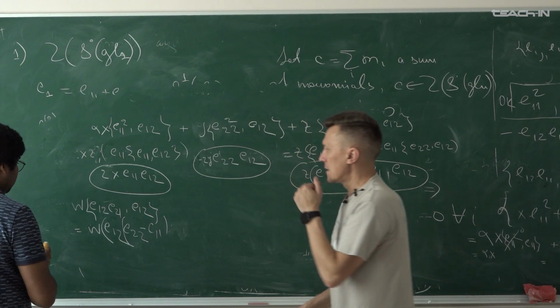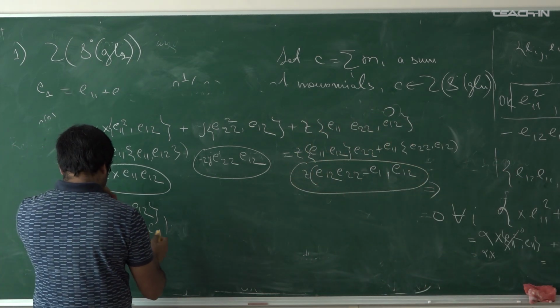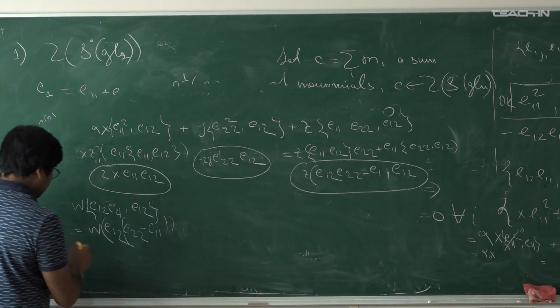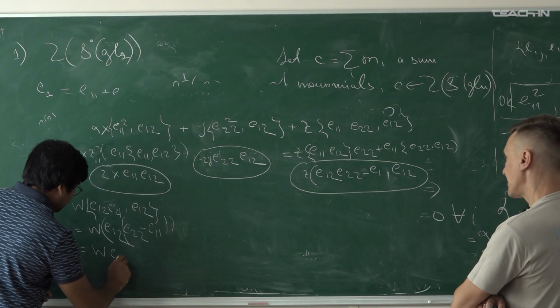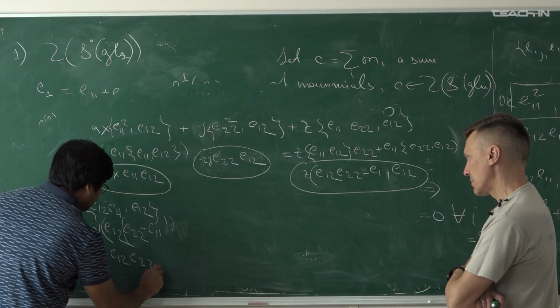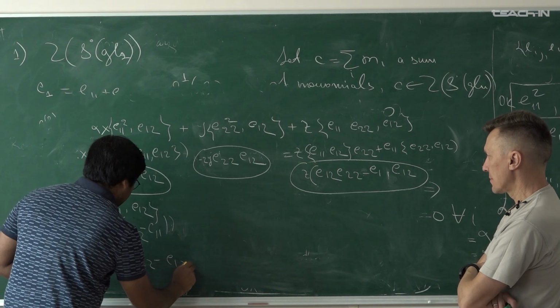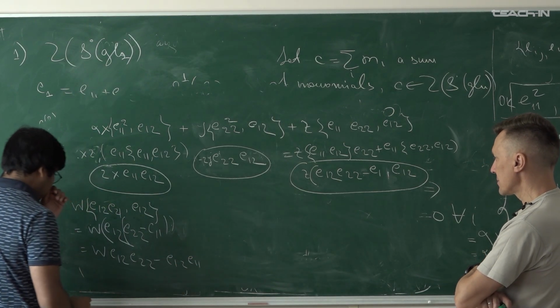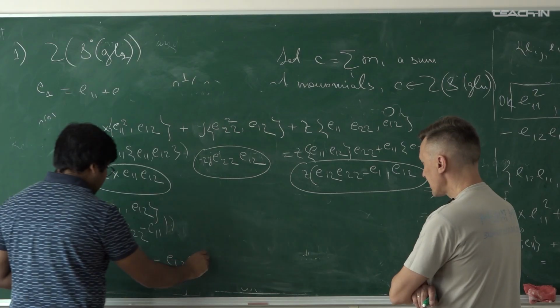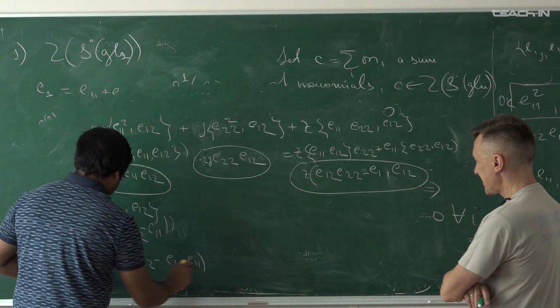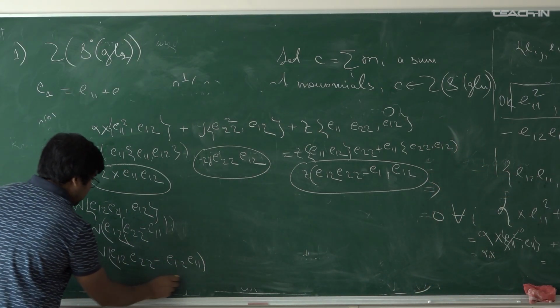Okay. So it's like this thing: E22 minus E12, E11, right? So we got another.